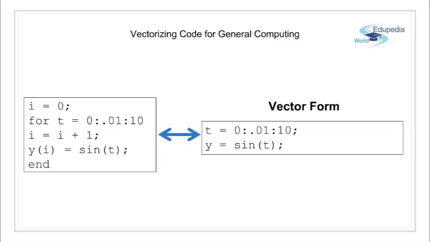Here I have defined a vector t from 0 to 10 with a division of 0.01. Then, as MATLAB supports matrix computation, I call the sin function and pass the complete vector t to it, getting in return the matrix y that contains the sine of each of the elements of t. This vectorized code is a more efficient use of MATLAB and will definitely run faster than its looping counterpart.